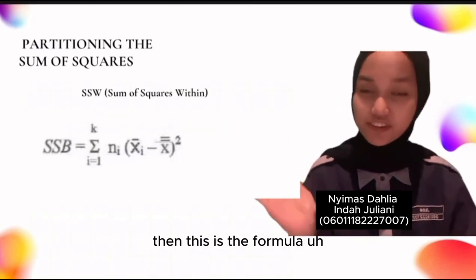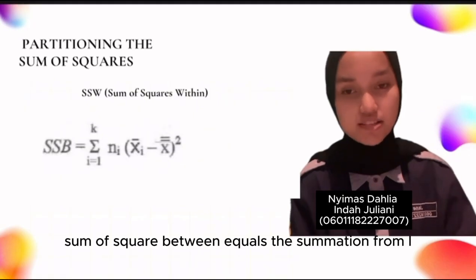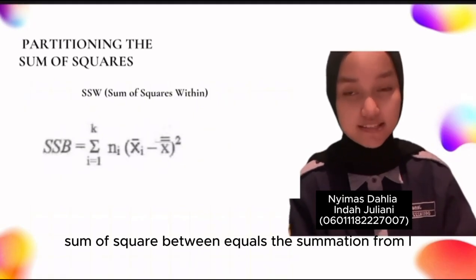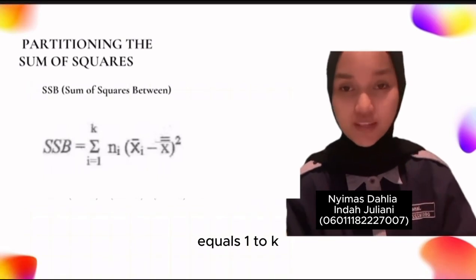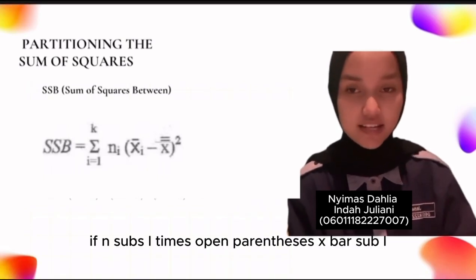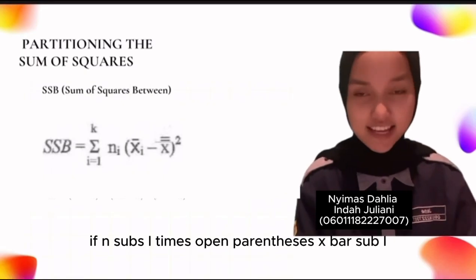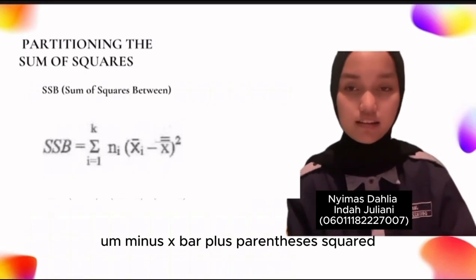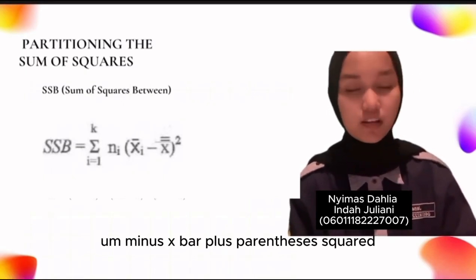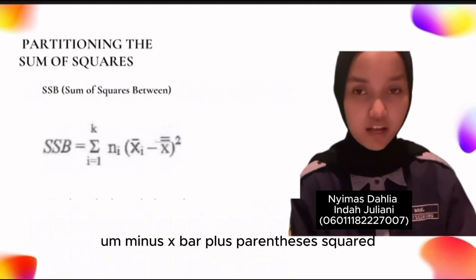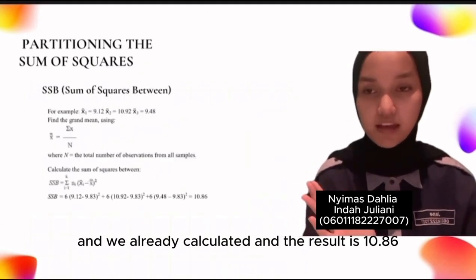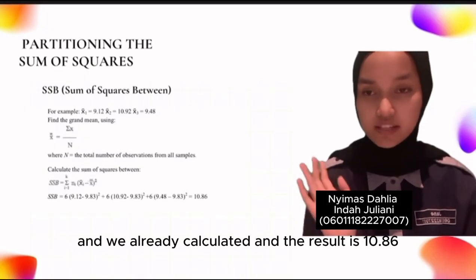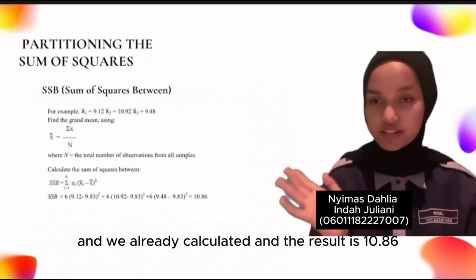Then this is the formula for the sum of squares between: the summation from i equals 1 to k of n sub i times (x bar sub i minus x bar) squared. As you can see here, this is the example and we already calculated it, and the result is 10.86.